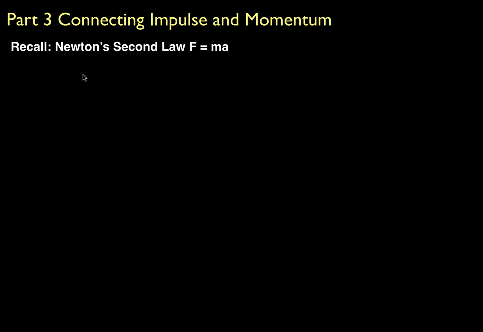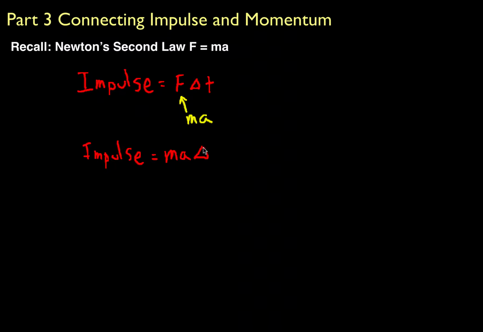Now, impulse equals F times delta t, and force equals mass times acceleration. So we can rewrite this to give us impulse equals ma delta t.